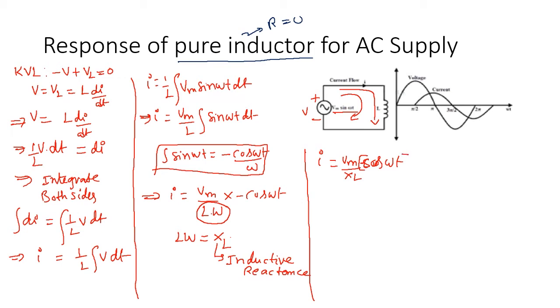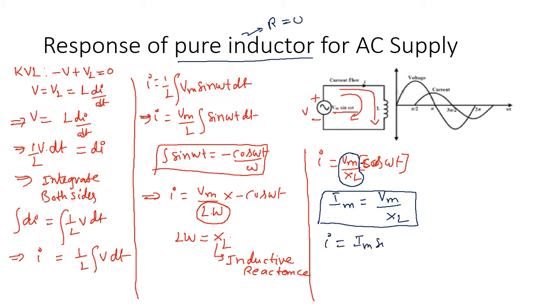So I take this value Vm by XL as Im. So now the current is equal to Im into minus cos omega t.